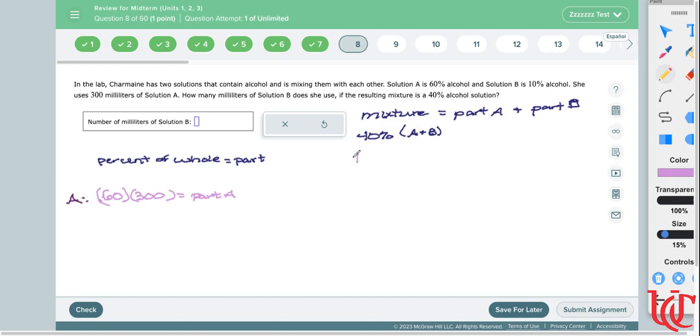So this is 0.40 times 300 plus, when I'm looking at B, I don't know how much I'm going to use. But I know my percent is 10%, so 0.10. And I don't know what my B is, and that is going to be my part B. So I'm going to call this X for my part.